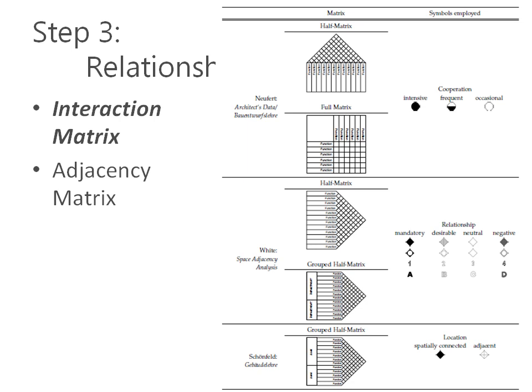In White, usually a half matrix is being used to state the desired relationships between two functions, namely, should they be close or should they be far, or is it neutral? Yeah.